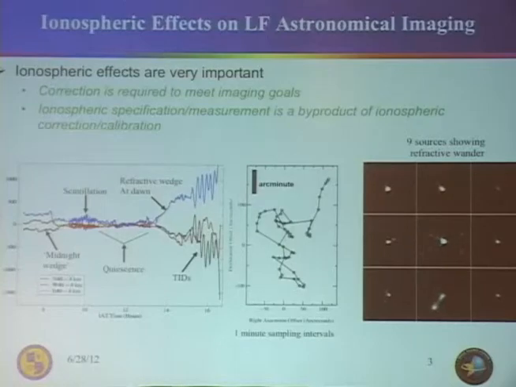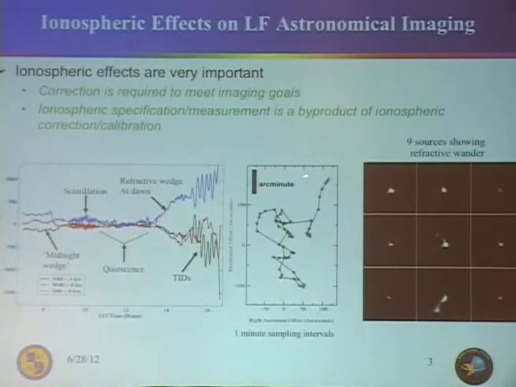Now, the astronomers, if you look at this image over here, this is essentially 9 panels made of looking at bright sources in the field of view of the VLA. You see here a typical double-lobed radio galaxy. You see these sources wandering around, and that's effectively refractive wander, and it can be pretty severe.